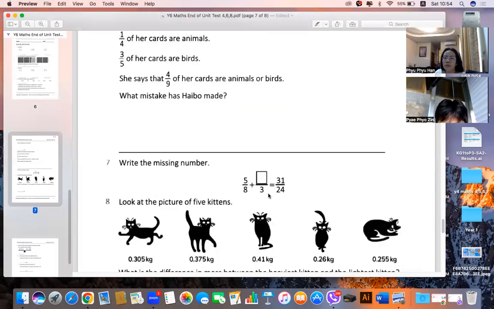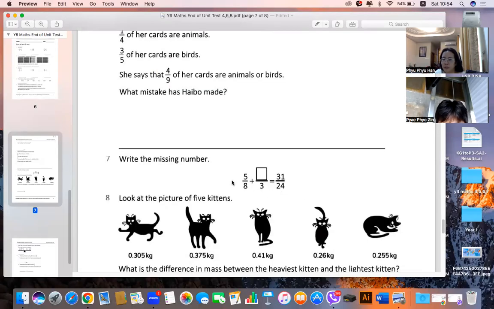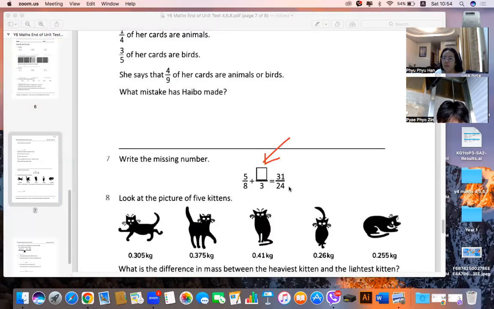And for this one, you also know. When you add the two numbers, you get this answer. If you want to know this number, you subtract from the answer and you will get this number. Just now in our case, we got 2/3. So the number for here is 2, not 2/3.